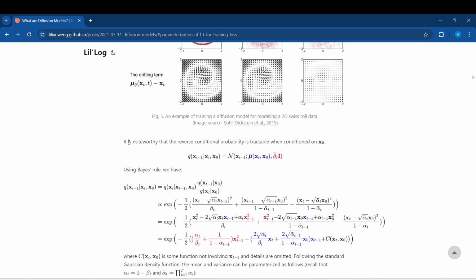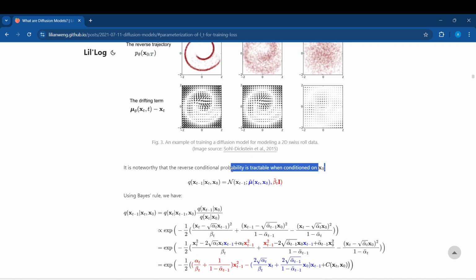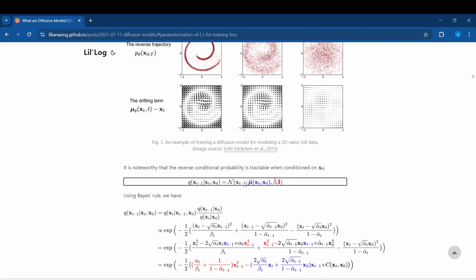It is noteworthy that the reverse conditional distribution is tractable when conditioned on x0, and it is a Gaussian, as we have already discussed.